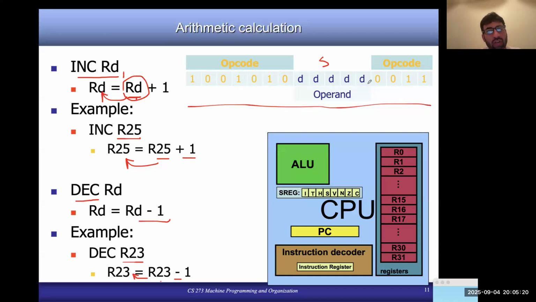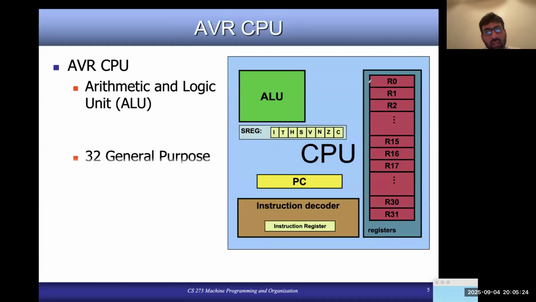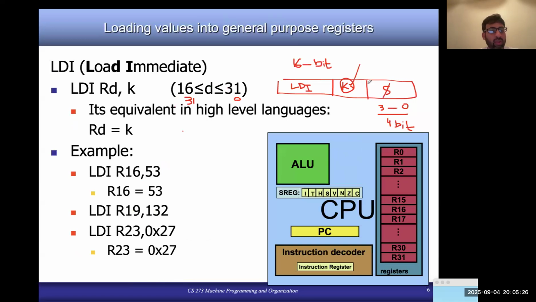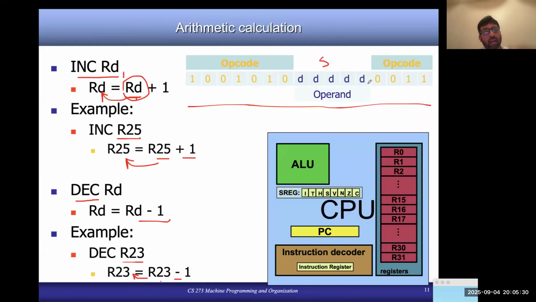For example, in the previous set of slides, when we looked at the add instruction and its opcode, 5 bits were for the destination register, 5 bits for the source register, and all the remaining bits for the opcode.